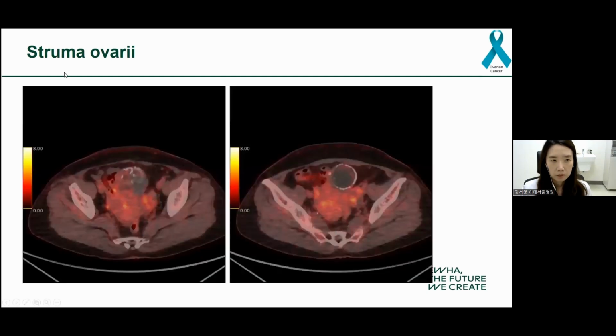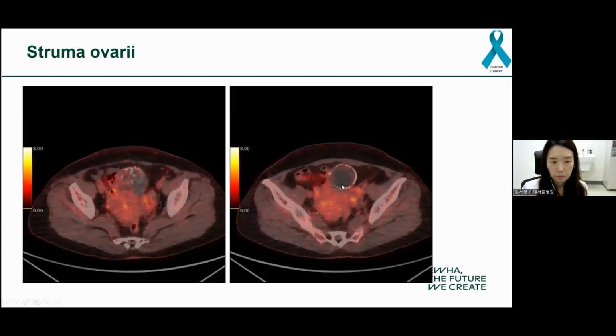Next case is a struma ovarii. Yeah, as you know, struma ovarii is a teratoma. Teratoma consists of thyroid tissue, so usually this type of tumor has calcification or ossification. Here, there is a cystic mass with calcification or some ossification with mild hypermetabolism.